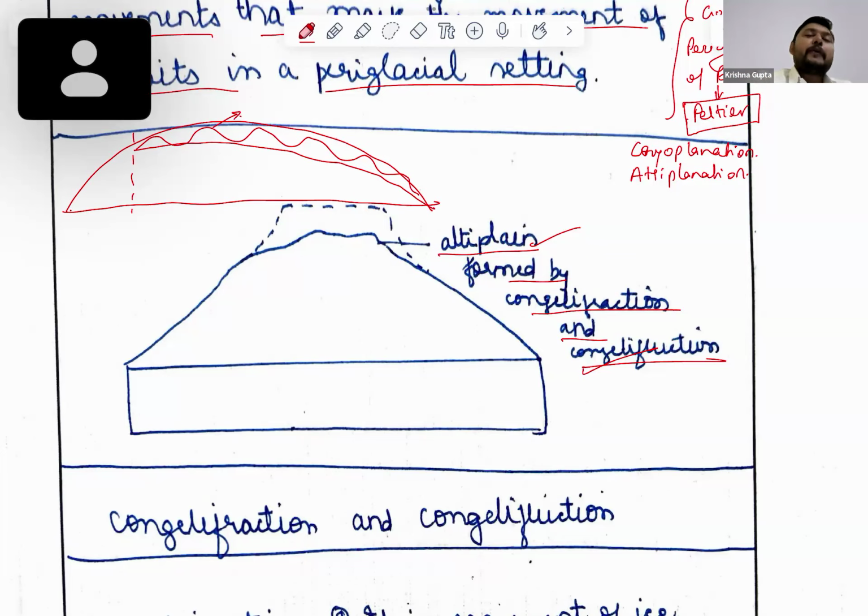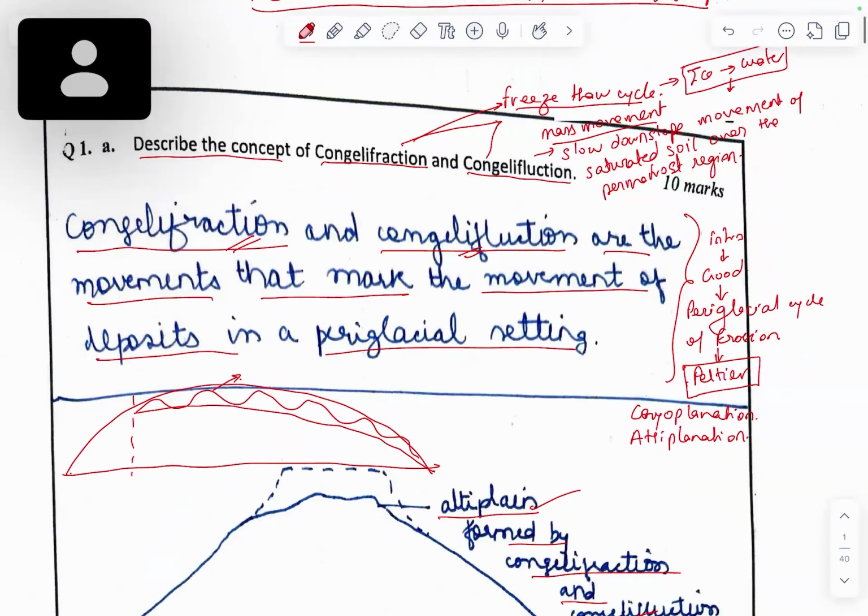So I want to ask you: in what stage of the cycle will congelifraction dominate, and in what part will congelifluction dominate? Congelifraction would dominate more in the youth part of the cycle, and congelifluction would be more in mature and old age.